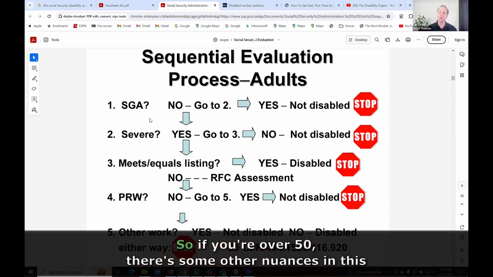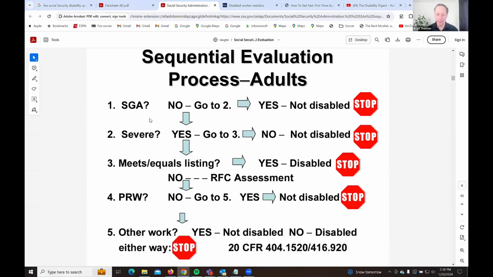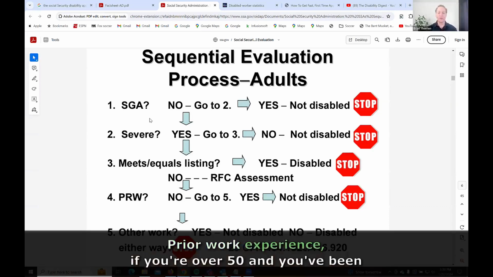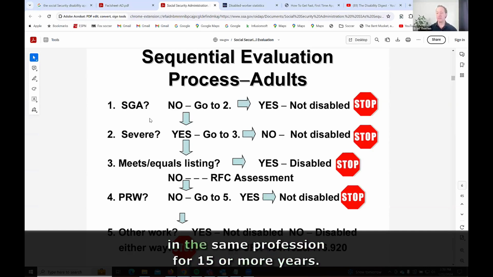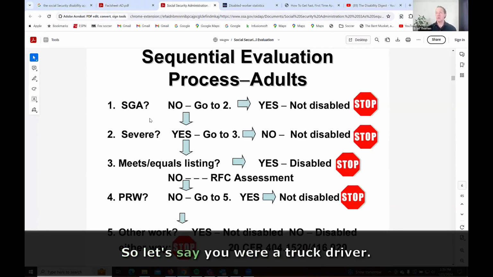So if you're over 50, there's some other nuances in this process. Prior work experience: if you're over 50 and you've been in the same profession for 15 or more years, so let's say you were a truck driver.